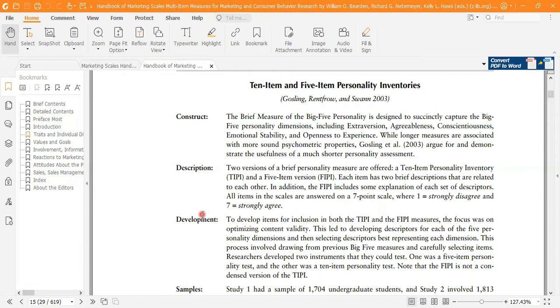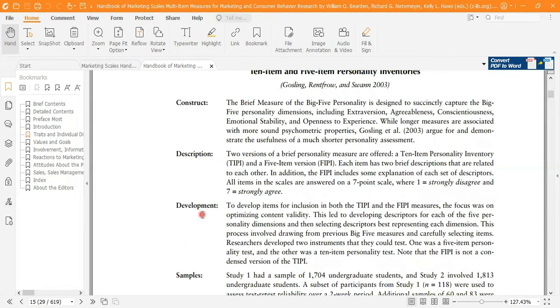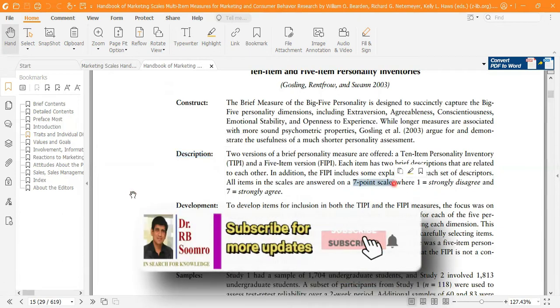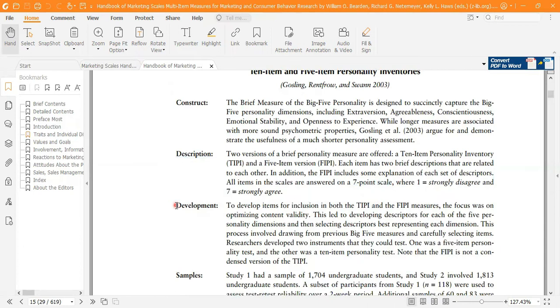So this is somewhat of a briefing about the construct. Then in the description, a complete description is available about how many items there are, and whether a 7-point Likert scale or a 5-point Likert scale was used to measure, and the overall development of this instrument.